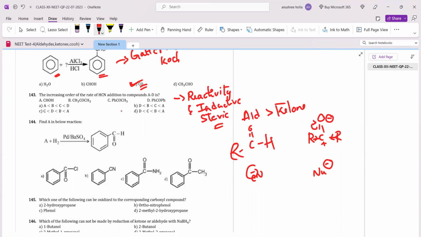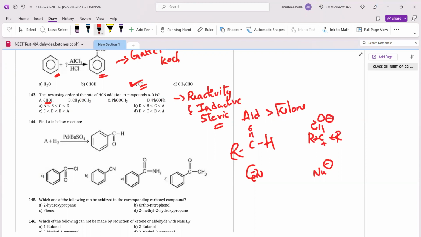So now we have to think, what are all the options you have? You have three ketones and only one aldehyde. So obviously A is more reactive, and we have A in all three options. Let's see these three. You have simple acetone where the alkyl groups are simple methyl, so the steric hindrance is a bit less. And in option C, we have a bulkier phenyl ring.